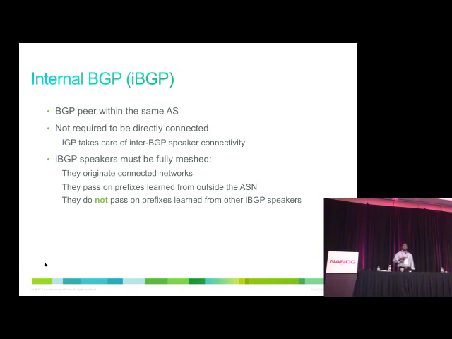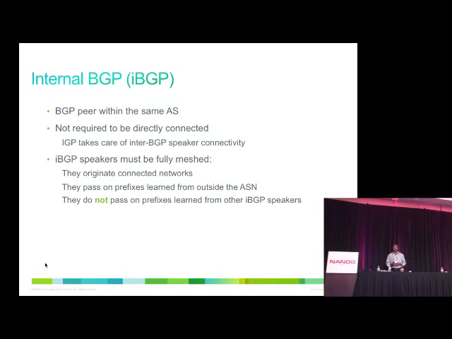iBGP is between routers running in the same autonomous system. iBGP speakers do not have to be directly connected. The reachability between iBGP speakers is taken care of by the IGP, Interior Gateway Protocol.